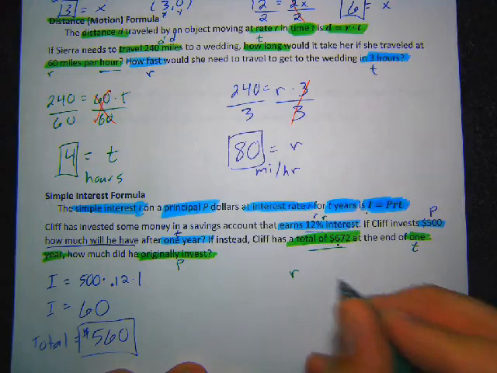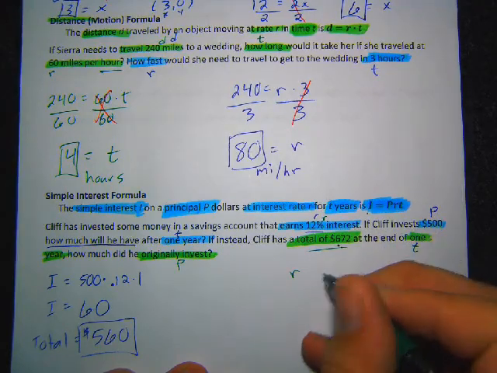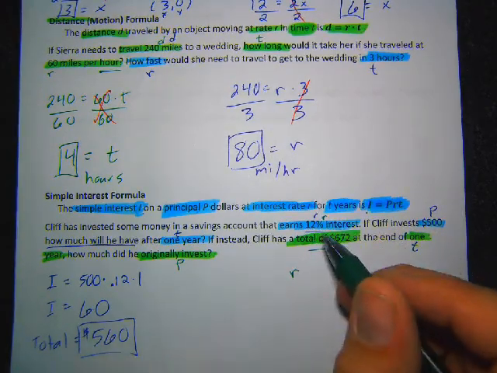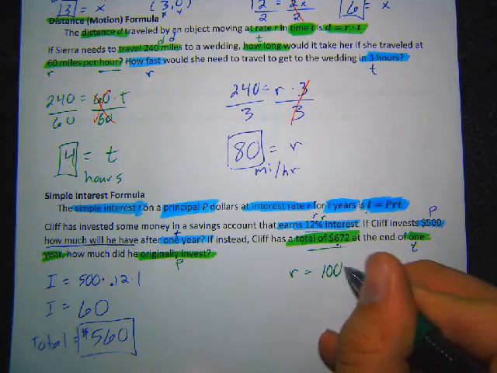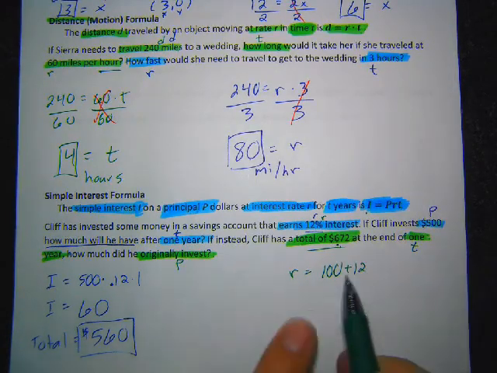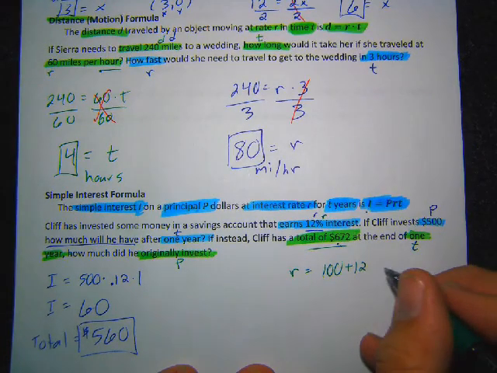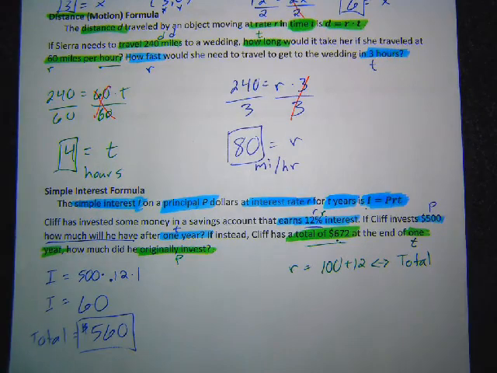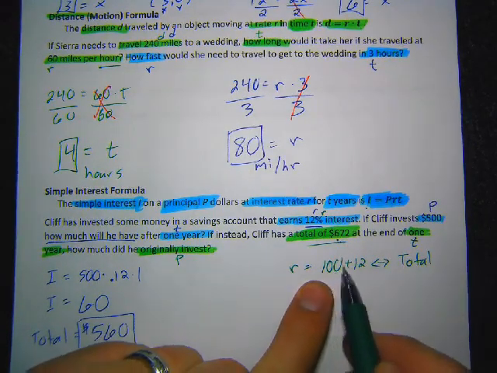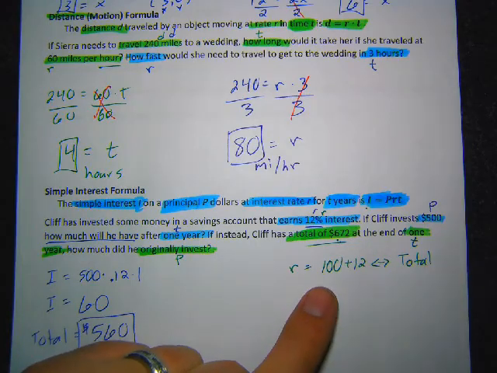But if I take my interest rate and I add a 1 to it, so I add 100% to it, if I make it 100% plus the 12%, then this is actually going to give me the total. So the difference is if I had just done 12%, I would have just gotten the interest. But if I add in 100%, well, 100% is the whole amount I started with.